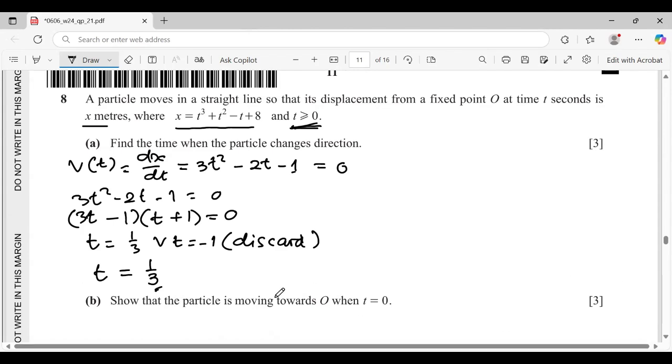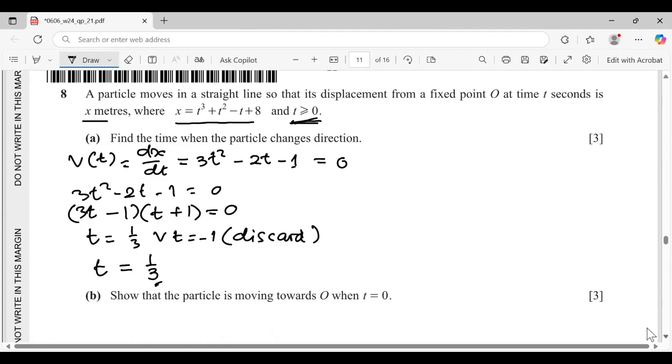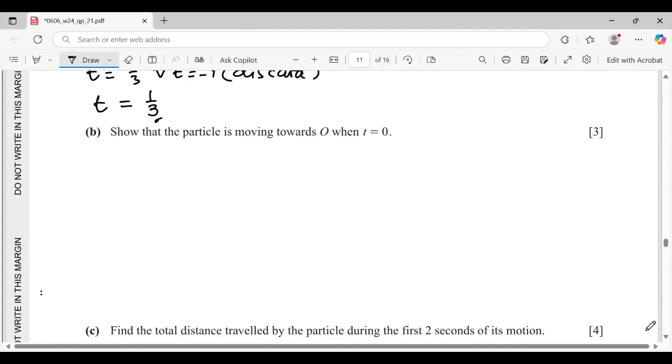Next, show that the particle is moving towards O when t equals 0. When t equals 0, we're going to find the displacement as 0 cubed plus 0 squared minus 0 plus 8, based on the displacement function, and it is 8. And after that, the velocity: based on the velocity function, we calculate the velocity when t equals 0.